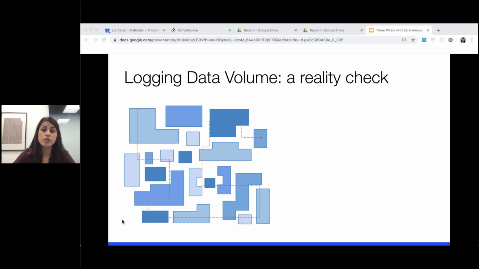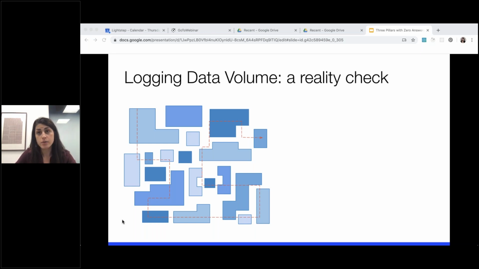And in the distributed service world, it's actually even more expensive because of the number of microservices that we have to deploy now. If you look at this visualization, these different boxes represent different services, and these dotted red lines represent a transaction as it traverses many service boundaries, which is what modern systems look like today.